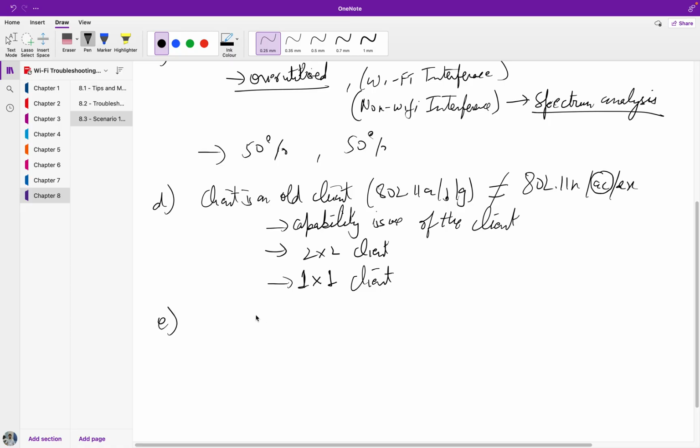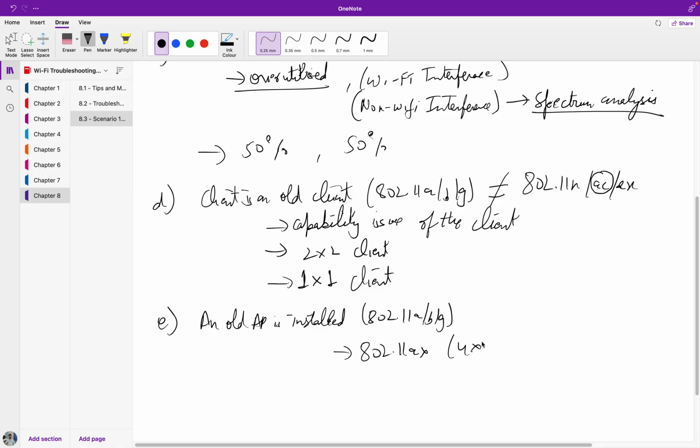Similarly, just like this point, an AP could be an old AP. An old AP is installed. This network was deployed long back, and all of a sudden my APs only support 802.11a, b, g. Now the boss brings in a new mobile phone or a new laptop or a MacBook Pro that supports .11ax.